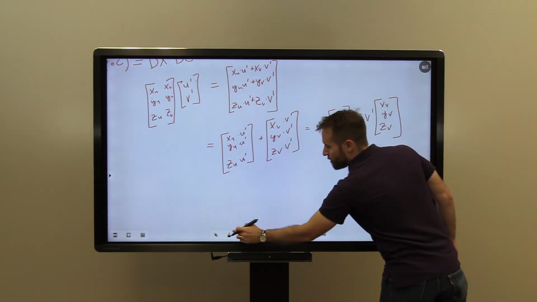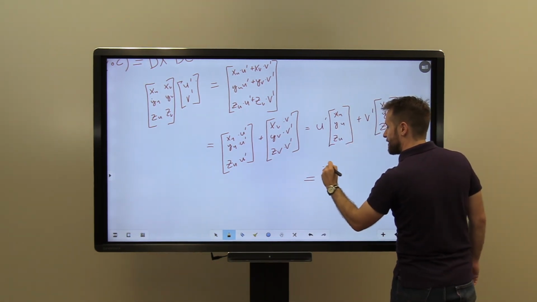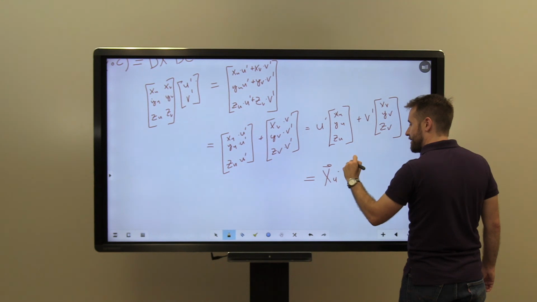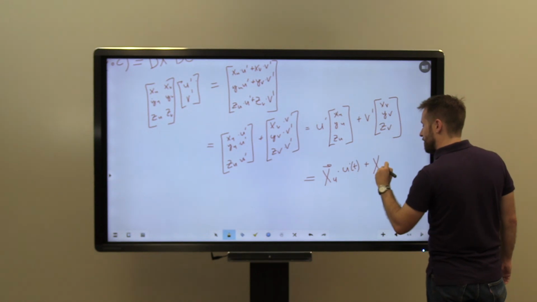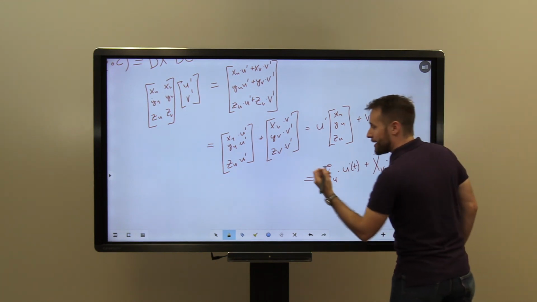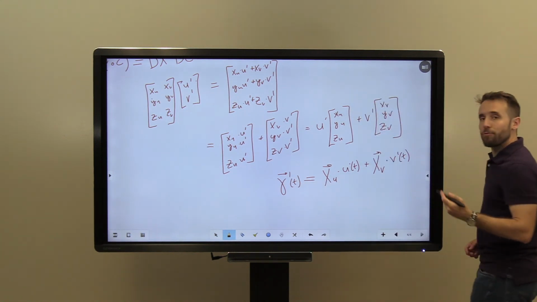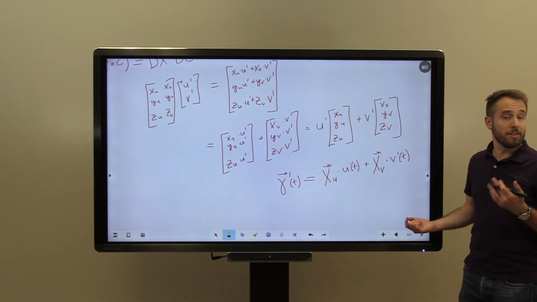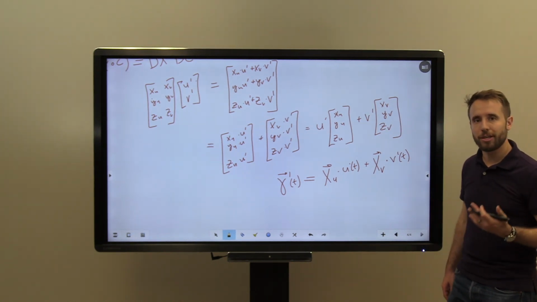And so I can rewrite this entire thing as this vector, which I can call x sub u, multiplied by this u prime of t, plus this x sub v, multiplied by v prime of t. And so we get that our gamma prime, in this case, can be written in this nice form right here. We can see that by using some properties of vector addition, scalar multiplication, and our multivariable chain rule.